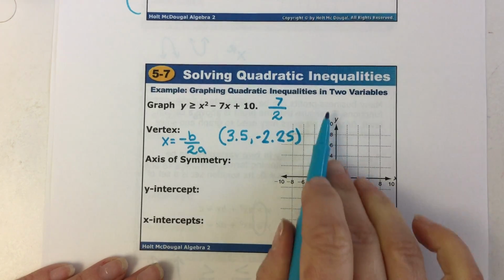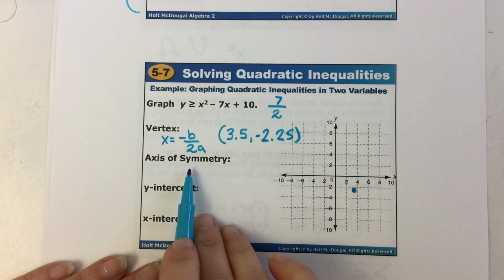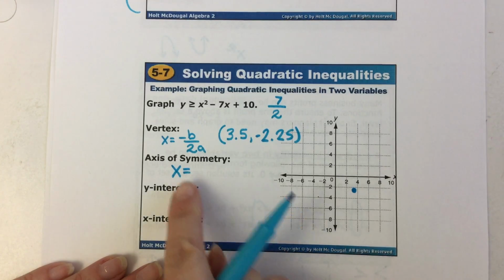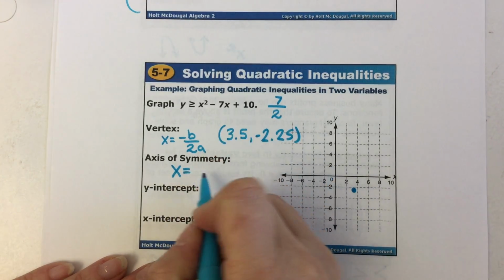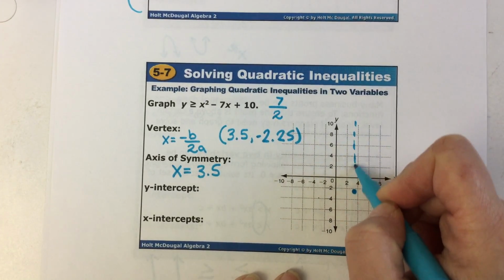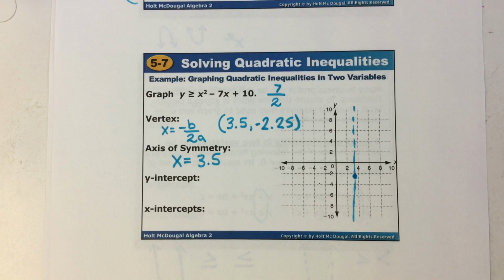Notice the labels for your coordinate plane are going by 2's. Your axis of symmetry is always x equals whatever the x value was in the vertex. That is the mirror image line where you will be able to reflect that parabola from one side to the other.